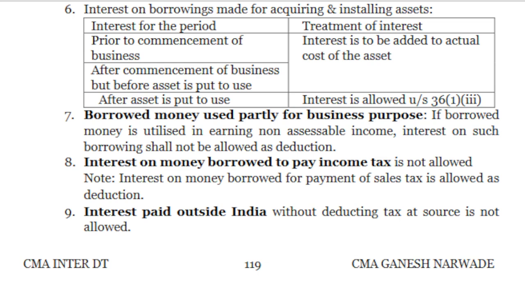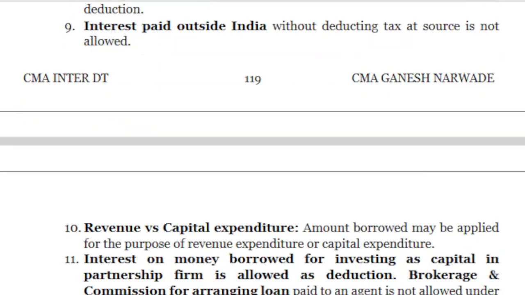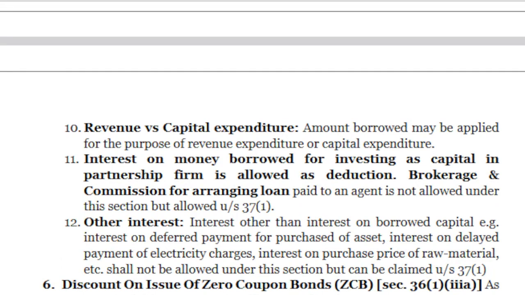Now, 11th point, you see, interest on money borrowed for investing as capital. Now I'll tell you, a partner has taken a loan because he wants to invest in the partnership firm.